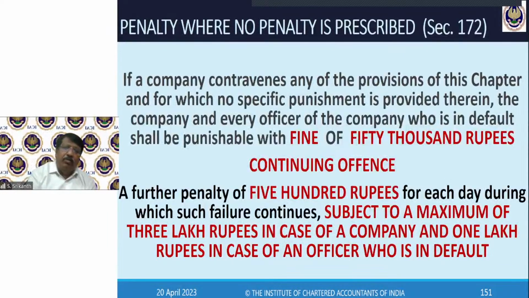Every officer of the company who is in default shall be punished with a fine, or the company shall be punished with a fine of 50,000 rupees. For a continuing offense, a further 500 rupees for each day during which the failure continues. See here, the first day is not there. In some sections they put it, some sections they don't. I don't know why. Subject to a maximum of 3 lakh rupees in case of a company and 1 lakh rupees in case of an officer who is in default.